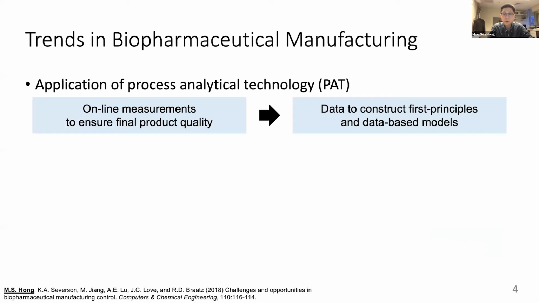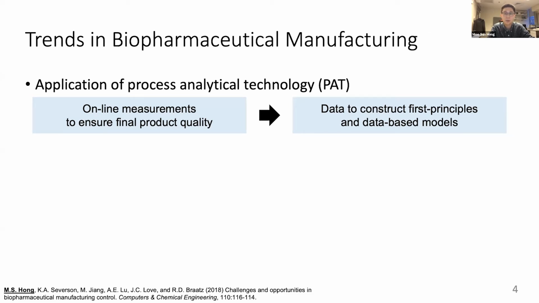There are several trends in biopharmaceutical manufacturing which are providing important roles for process systems engineering. First, the growth of biologics increased the interest in applying process analytical technology, which is called PAT. PAT is a system of analyzing manufacturing through online measurements of critical quality attributes, which is to ensure the final product quality. Online measurements provide much more data on the multivariable interactions and dynamics.